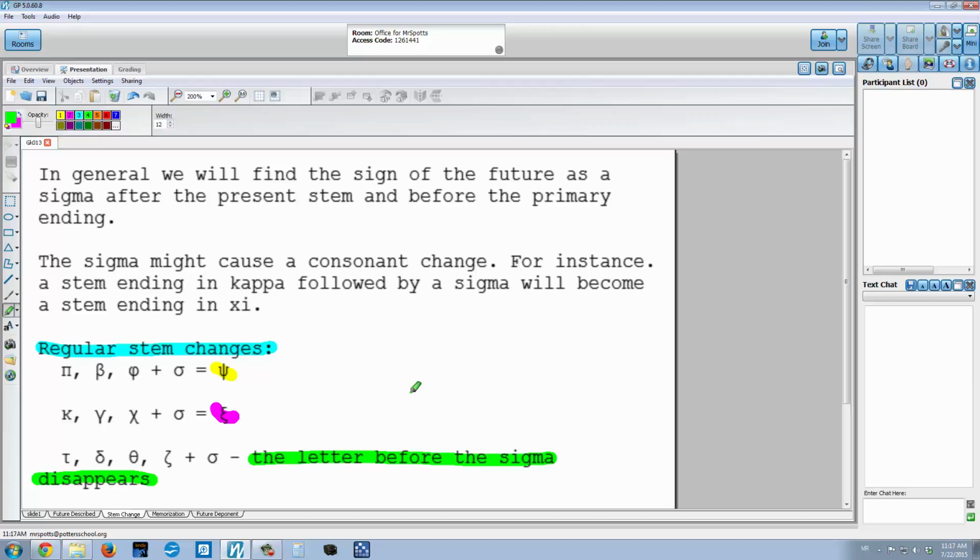The letter before the sigma disappears altogether. So those are common stem changes. That's the way it will normally work for you. And again, this is what it looks like when you take a present stem and you add a sigma. So we can accommodate both theories of how the stem changes.